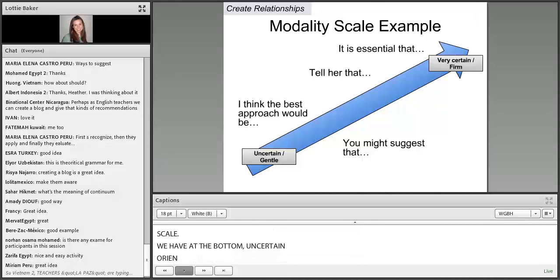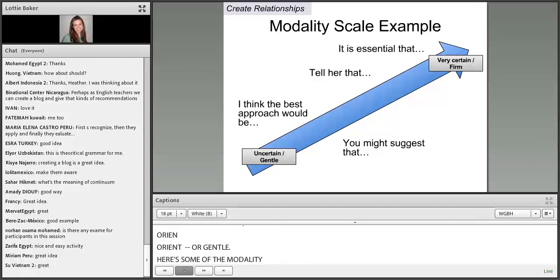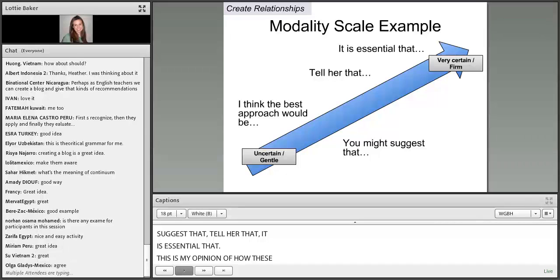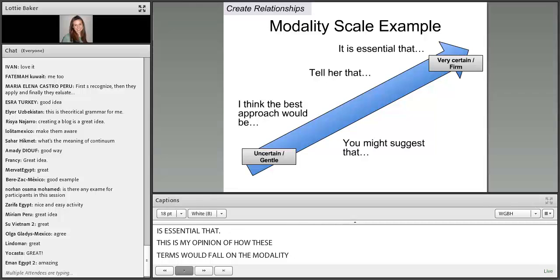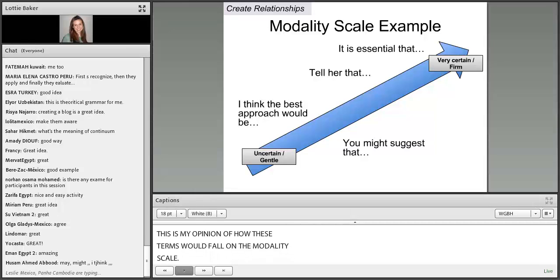And here are some of the modality terms from the Dear Abby column: I think the best approach would be, you might suggest that, tell her that, it is essential that. This is my opinion of how these terms would fall on the modality scale. But you could argue different ways, and you might have students have different opinions, and that's okay. The idea is to have them talk about this.